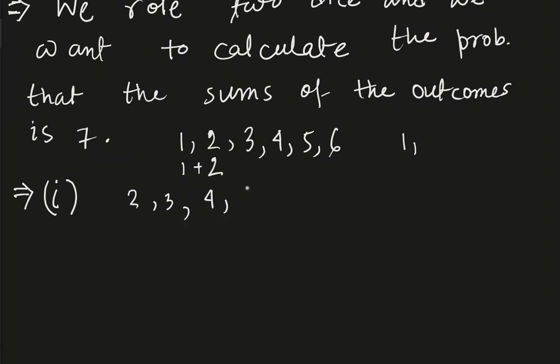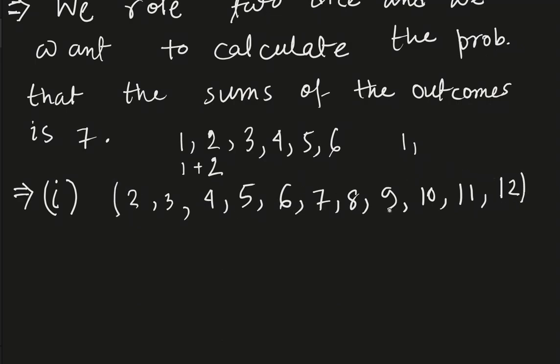Similarly it can be 4, 5, 6, 7, 8, 9, 10, 11 also possible. If the face of one die is 5 and the other is 6, then the sum is 5 plus 6 is 11, so 11 is also possible, and 12 is also possible. If both of the dice outcomes are 6 6, then these 11 distinct sums can be possible: 2 3 4 5 6 7 8 9 10 11 12.